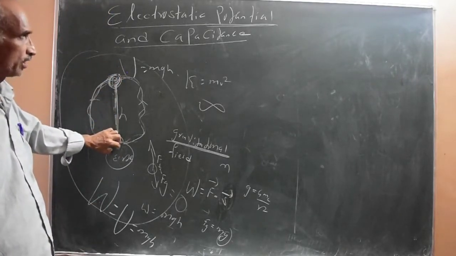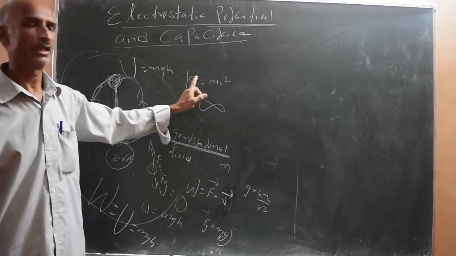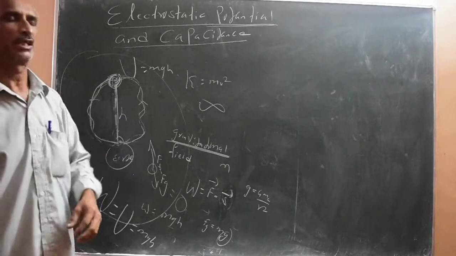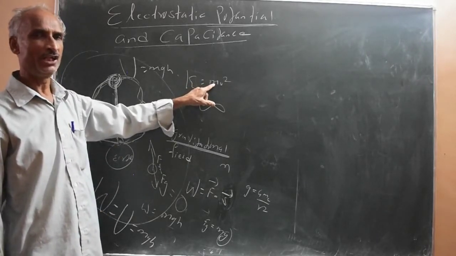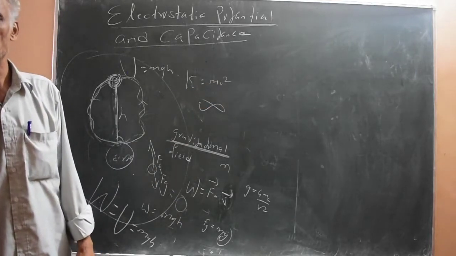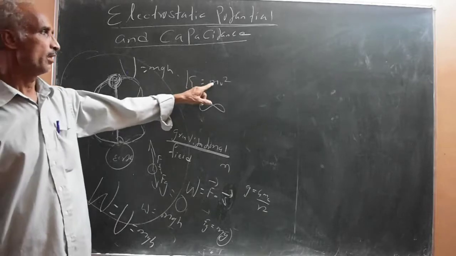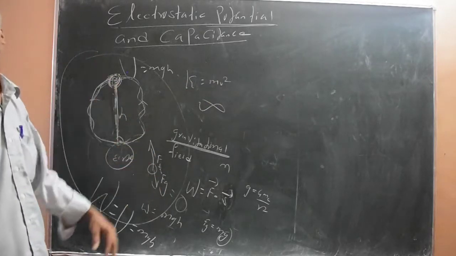Automatically, it moves downwards with a velocity v, so it gets kinetic energy. The body is in motion. The energy possessed by the body due to motion is called kinetic energy. The formula is half mv squared. In this case, the potential energy converts to kinetic energy.